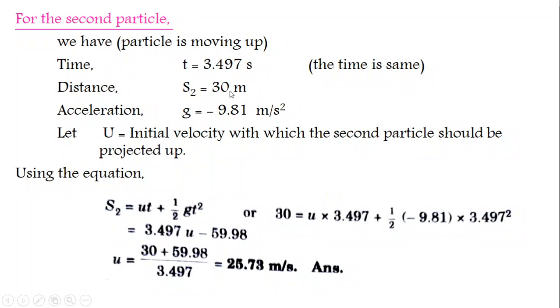The distance is 30 meters, moved from the bottom of the tower, and the acceleration is minus 9.81 meters per second squared because it is moving upward.